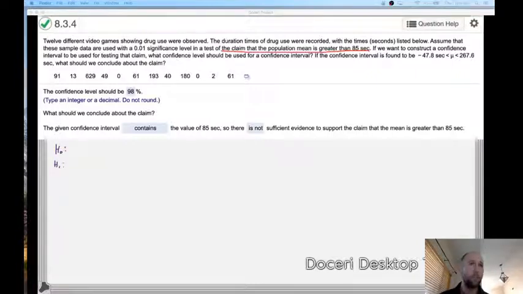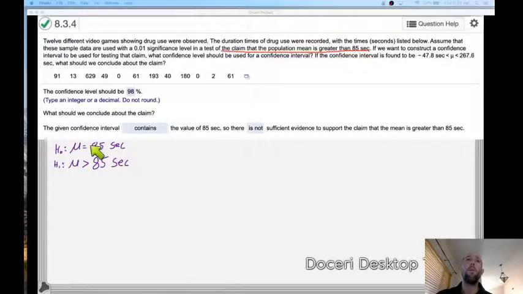So we can state the null and the alternative hypothesis, and then the claim. We're told that the population mean is greater than 85. So the claim does not include equality. It includes a less than or a greater than. In this case, it's greater than. And so our alternate hypothesis is stated here as the claim.